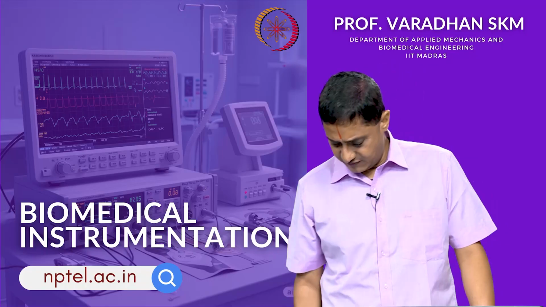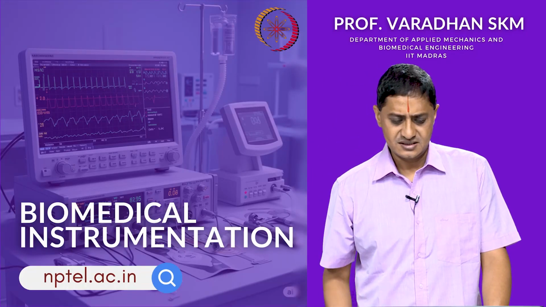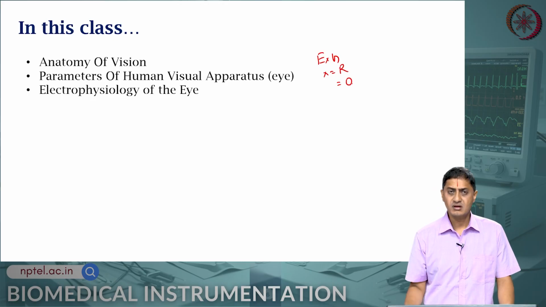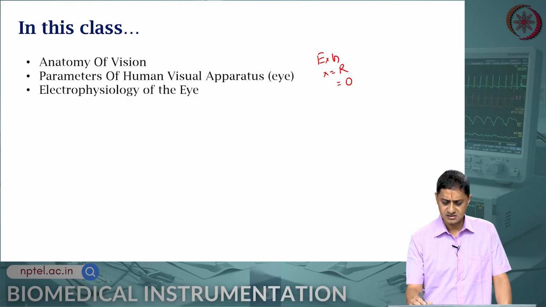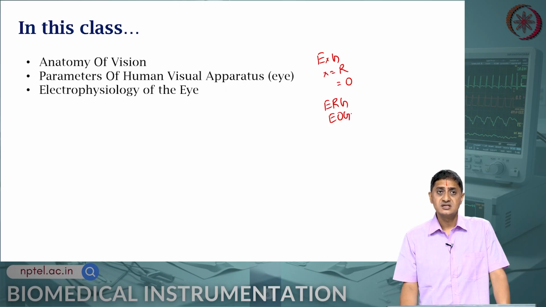In this week, we will look at a couple of EXGs. EXGs means EXG where X is equal to R or O. What is ERG? That means ERG and EOG. ERG is electroretinogram and EOG is electrooculogram.